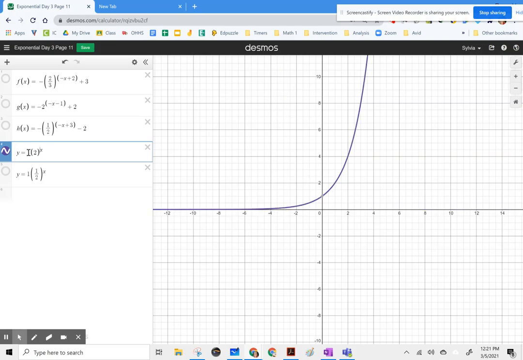Again, going back to growth, one reflection, I have decay. Now let's take a look at two reflections. I'm back to growth. The only difference is that the rate of the growth is different. So notice it's still growth, but it's at a decreasing rate compared to growth at an increasing rate.